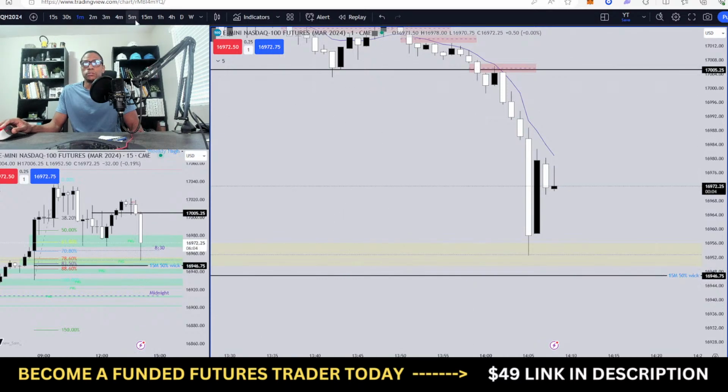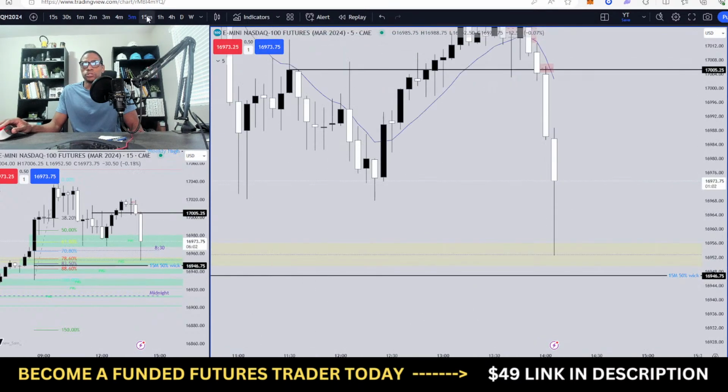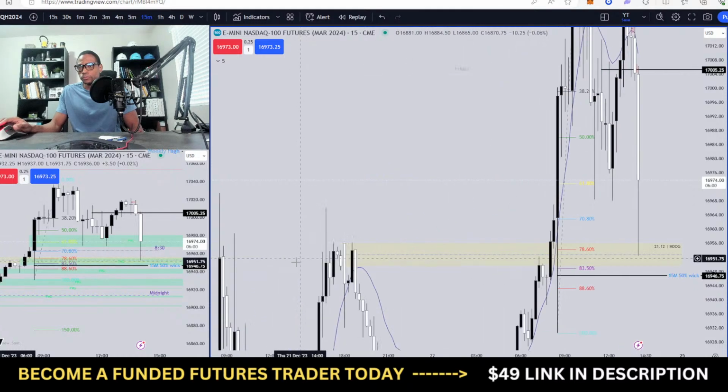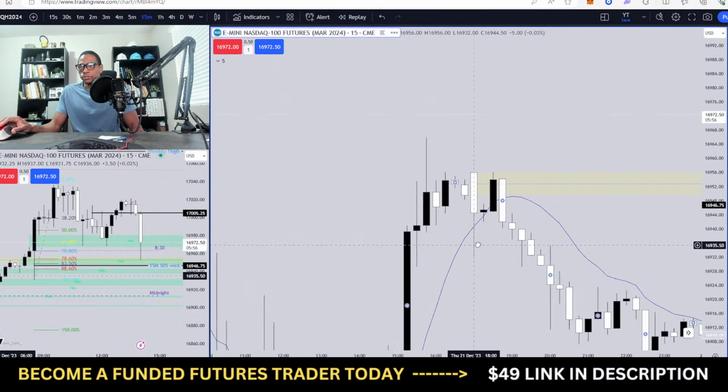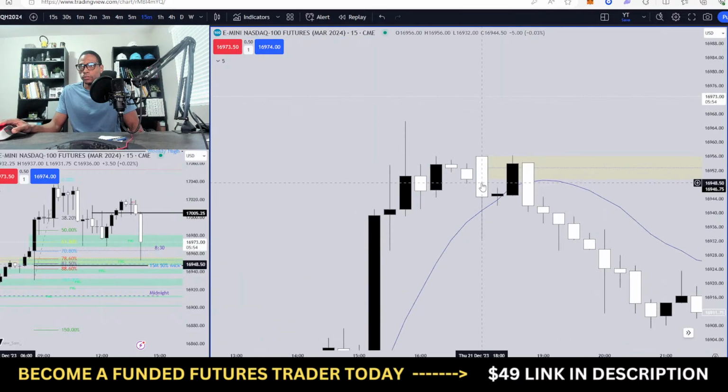Okay, let me go into the 5 minutes or 15 minutes. I'll show you exactly where it comes from. So this is yesterday at 1800. The candle before closed here at 949 and then it went on break for an hour. And then when it reopened, it opened above at 956.